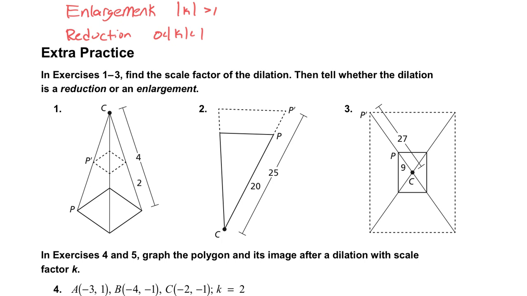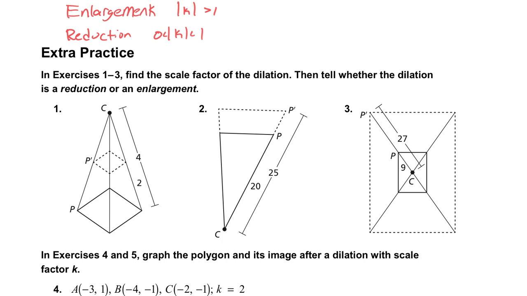We want the absolute value. Sometimes we'll give you a trick question saying, hey, K is -2. The negative just means that we applied a 180-degree rotation to that image. But the 2 still means it is an enlargement because everything's twice as big.